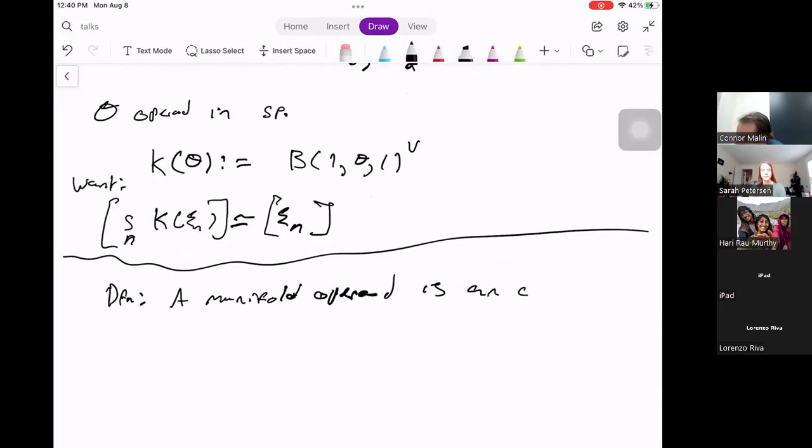A manifold operad is an operad O in spaces. This is actually without a base point, so I should be taking products.